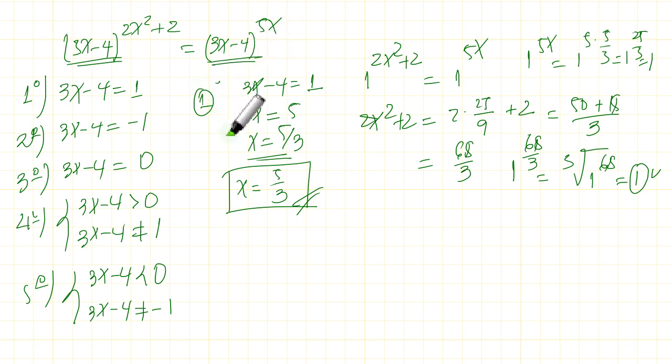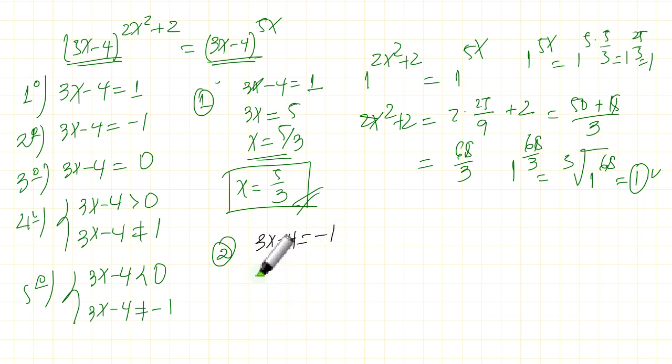Okay, let's go to case number 2 here. Let's change the color here to solve this. For case number 2, we have 3x minus 4 equals -1.